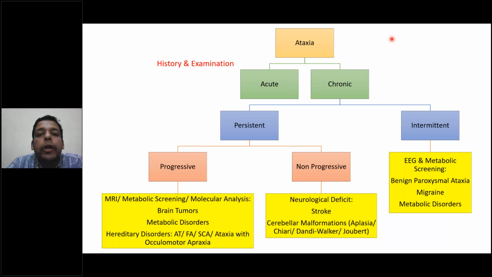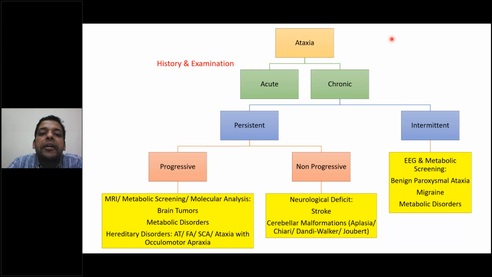If there is intermittent chronic ataxia, we go ahead by doing some EEGs and metabolic screenings, and then we can have a differential diagnosis of benign paroxysmal ataxia, migraine, or some metabolic disorders.